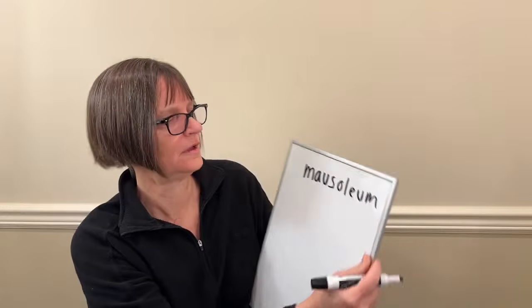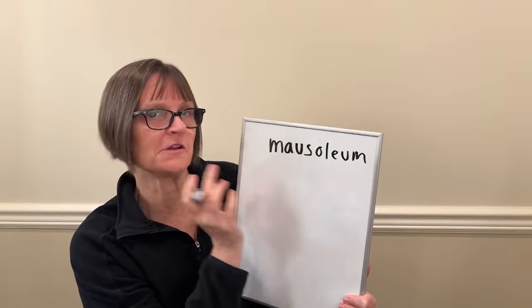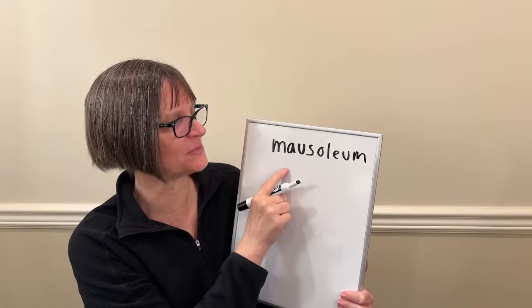Okay. We have a question about mausoleum. I'm not 100% sure about that spelling. So let's see. Bear with me as I copy down your word. I'm going to write it the way you wrote it, and I'm not the greatest at spelling, so hopefully this is the correct spelling.